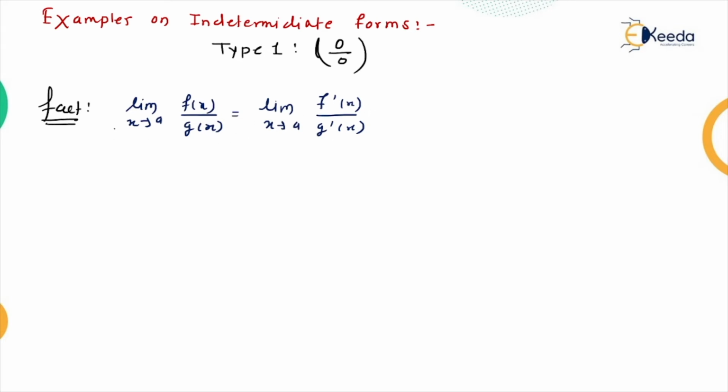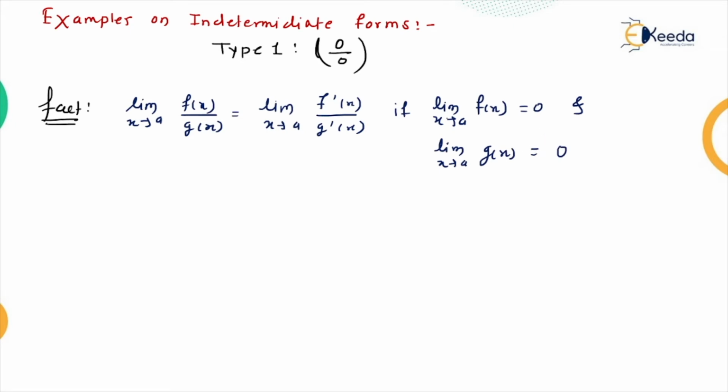This is used if the limit as x tends to a of f of x is 0, and also the limit as x tends to a of g of x is 0.